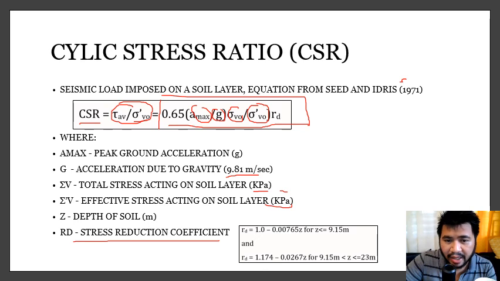You have a formula here for your stress reduction coefficient. Basically, you just have to know the depth of your soil layer and then use this equation.